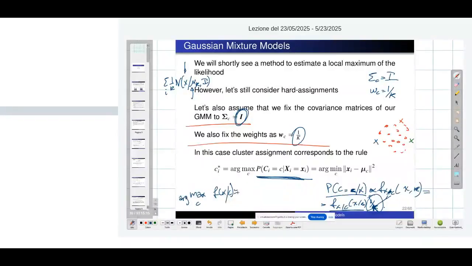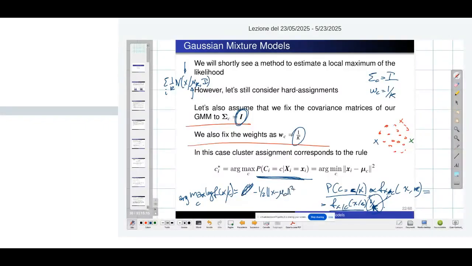But for the class conditional, I can take the log, because maximizing the density or maximizing the log density will give me the same answer. It is the logarithm of an exponential of minus 1/2 times the norm of x minus mu_c, squared.